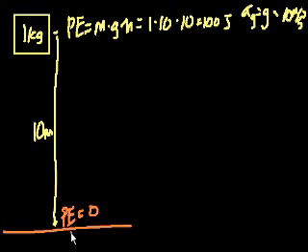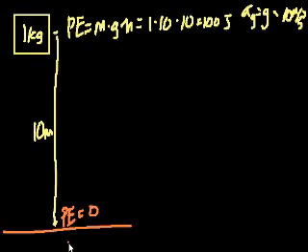And I told you in the last video that we have the law of conservation of energy, that energy cannot be created or destroyed. It can just be converted from one form to another. This object had 100 joules of gravitational potential energy, and down here it has no gravitational potential energy, and that's the key.